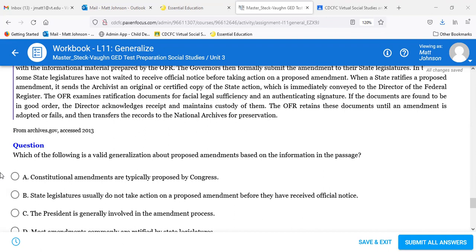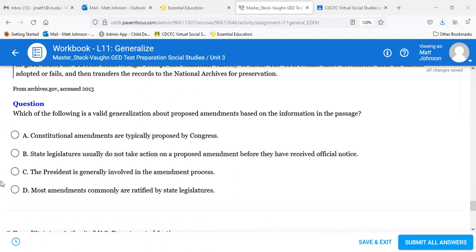So number 6, Christiana, you want to read question 6 for us? The question says, which of the following is a valid generalization about proposed amendments based on the information in the passage?